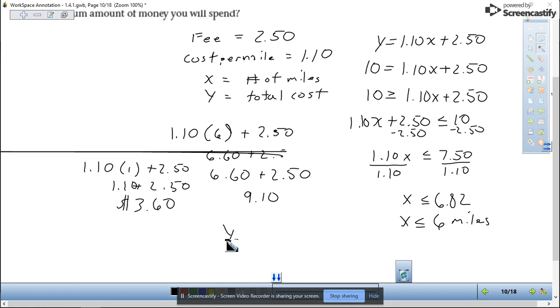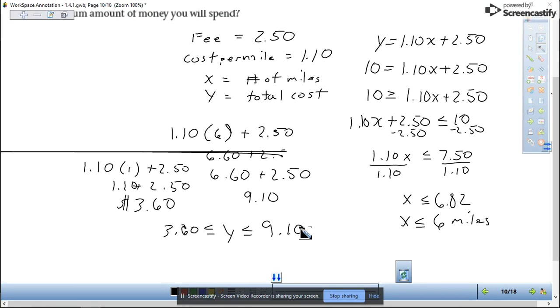So y, your total cost, is greater than or equal to 3.60, or 3.60 is less than or equal to y, which is less than or equal to $9.10. So there you go.